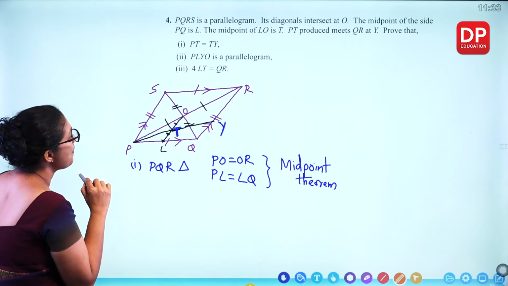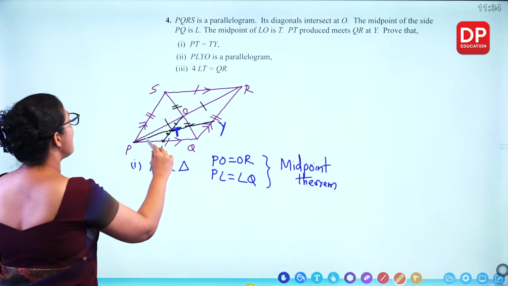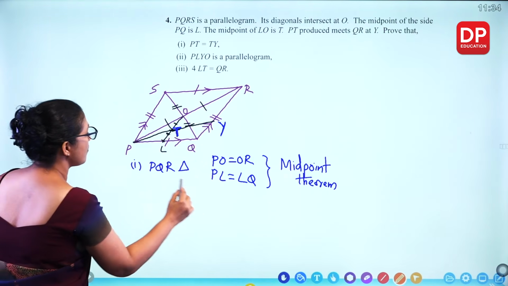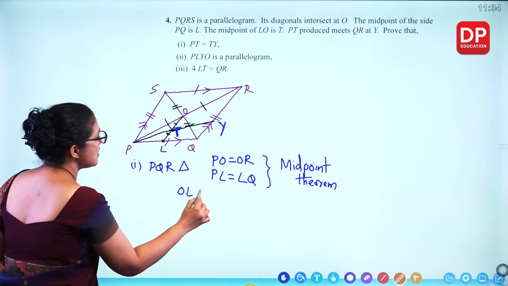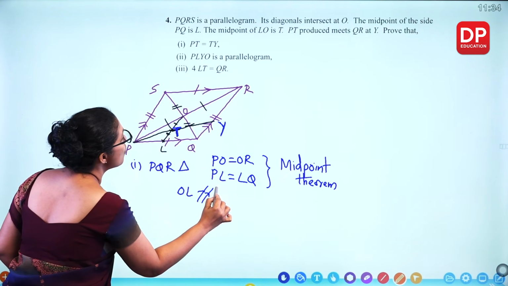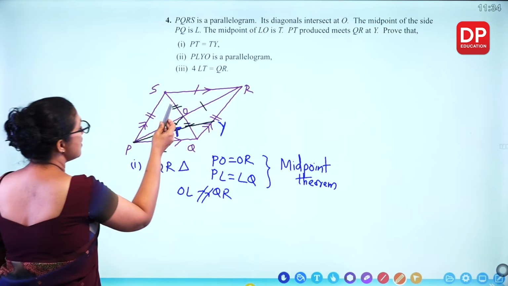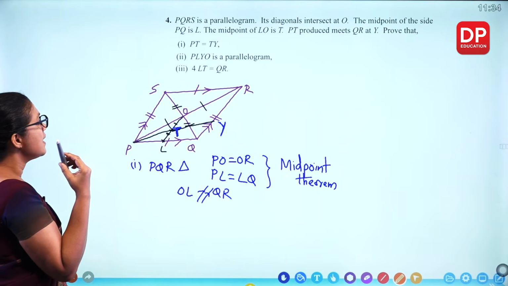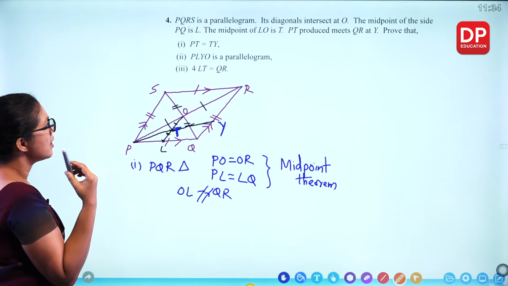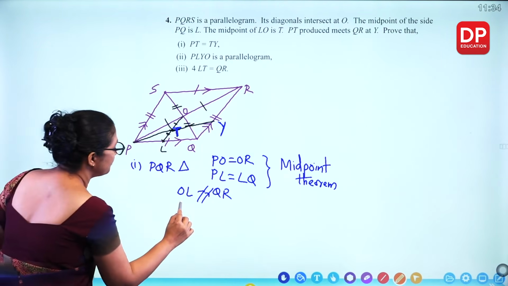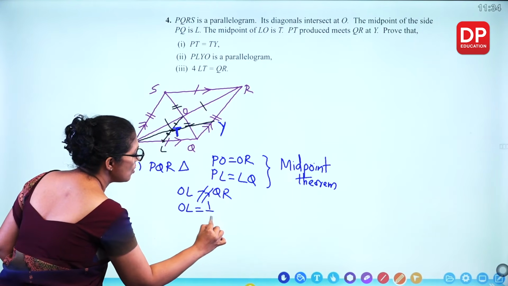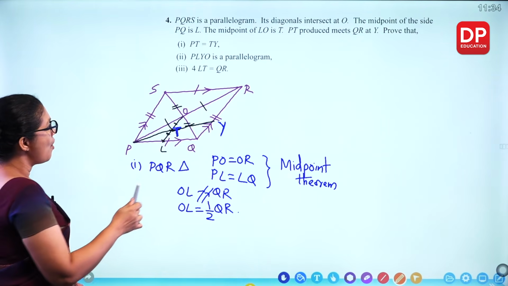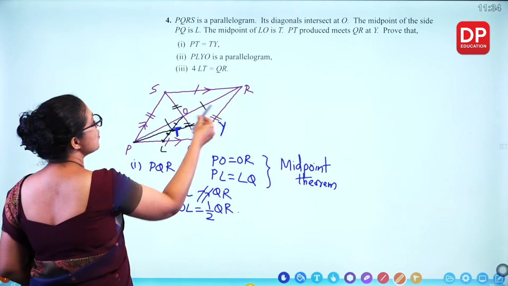We can say OL is parallel to QR, as well as OL is half of QR. We'll write down that also according to midpoint theorem.